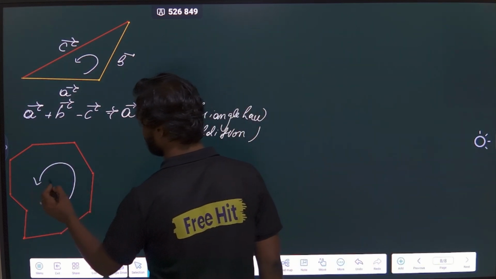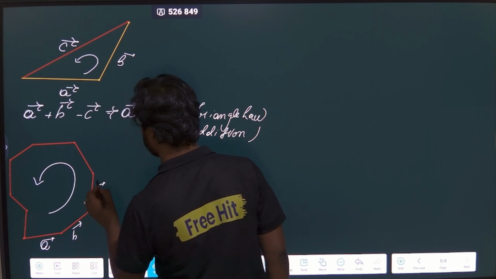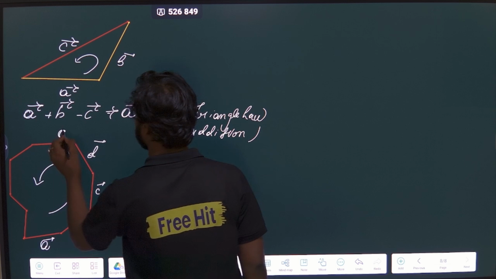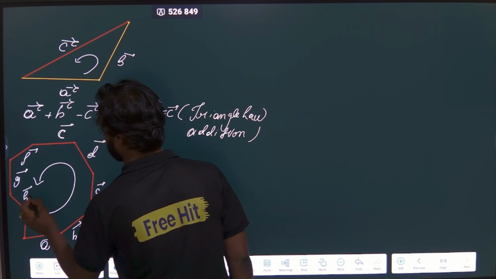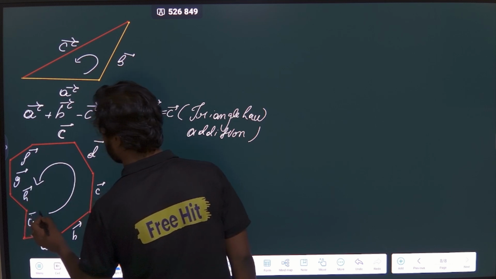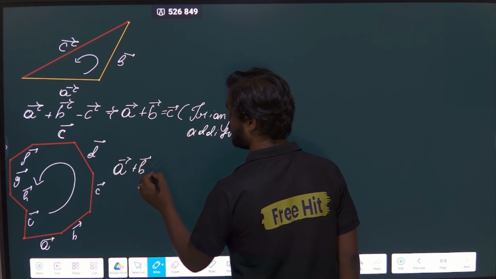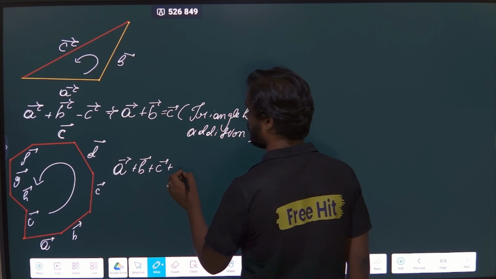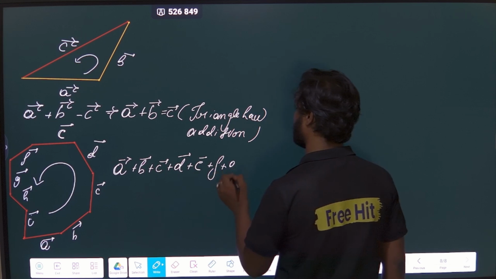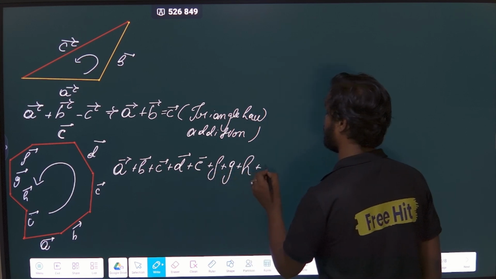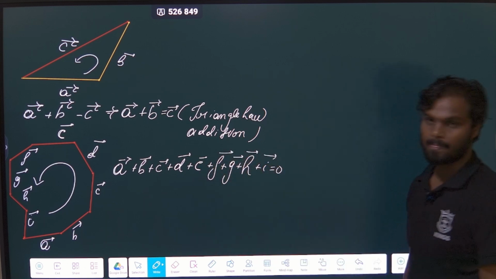Here also, suppose this is my vector A, vector B, vector C, then vector D, vector E, vector F, vector G, vector H, vector I. If you move, you will get this expression: vector A plus B plus C plus D plus E plus F plus G plus H plus I is equal to 0. Clear?